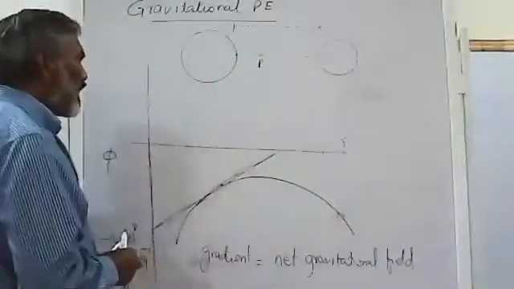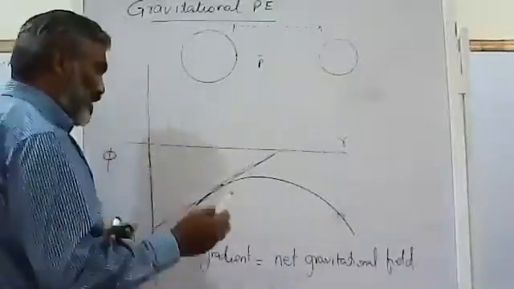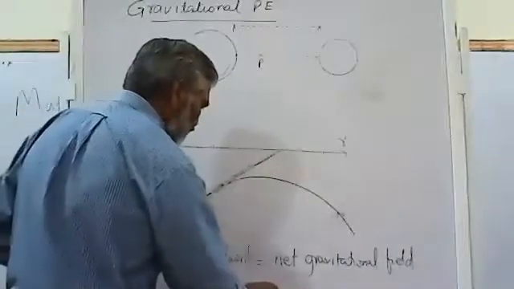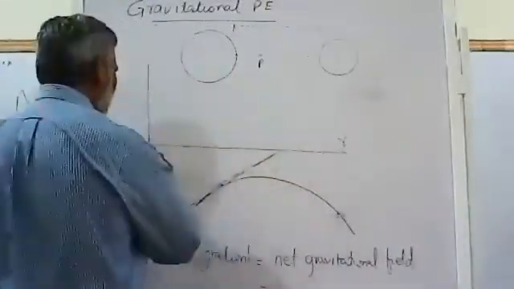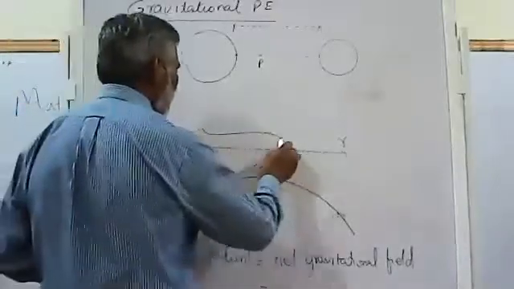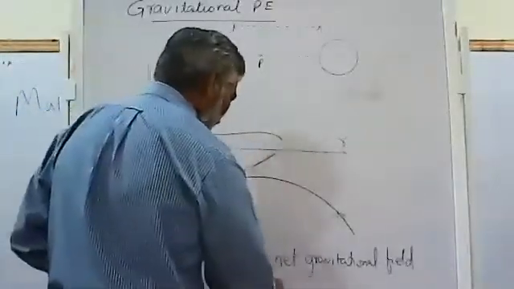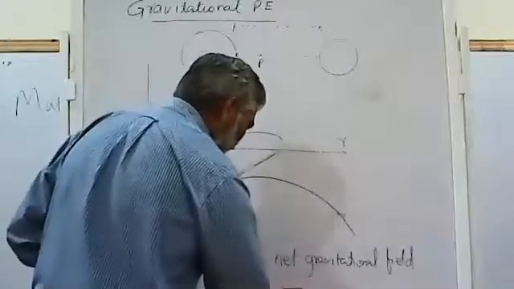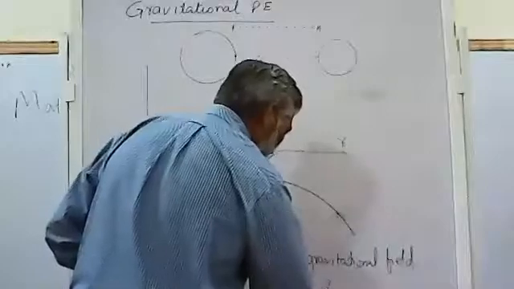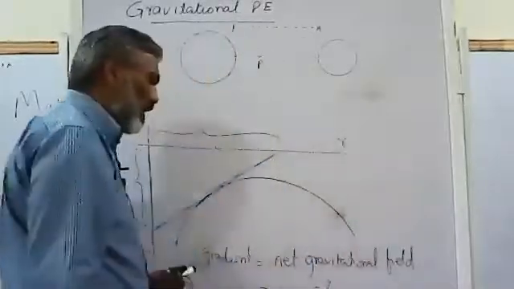And if I want to calculate what is the force as a result acting on that mass, suppose using these values and using this rise and run, I get a certain value, let's say 2 into 10 to the power minus 3 meter per second square, something like this.